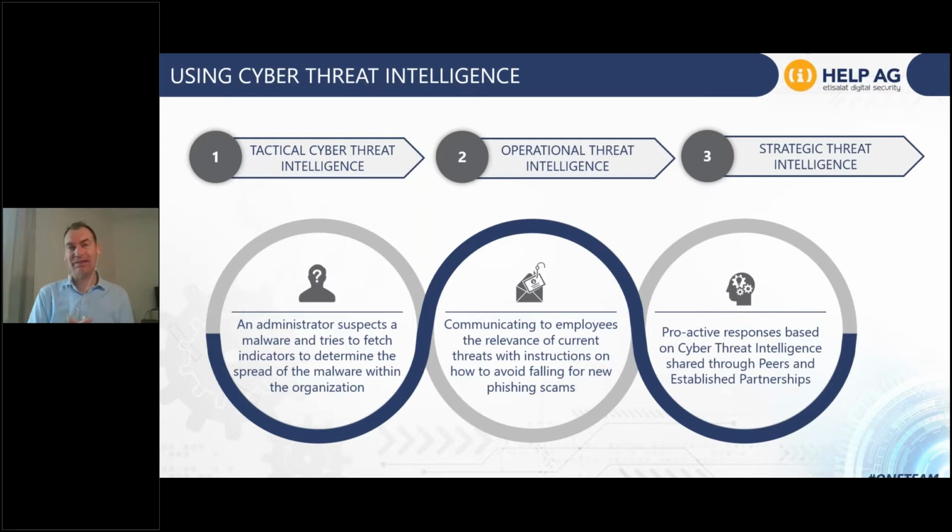A good example of that is the platform and the ecosystem and the community that Justin mentioned that DFSA have created in an attempt to establish relationships and an ecosystem of sharing before an attack happens, for the benefit of the people that are part of that ecosystem or community.